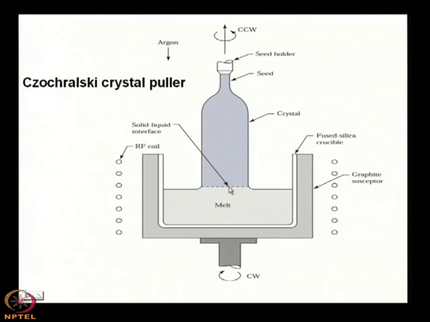Then with time it goes up, and this whole crystal is formed. First the melt was, say, up to this point. The melt gradually reduces, the crystal gradually grows, and this is the diameter of the crystal. It will depend on the pull rate of pulling, and the temperature at the solid liquid interface.